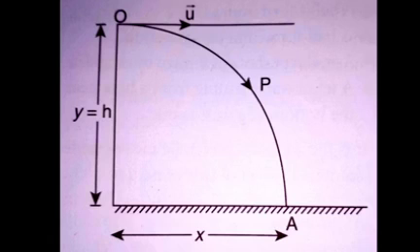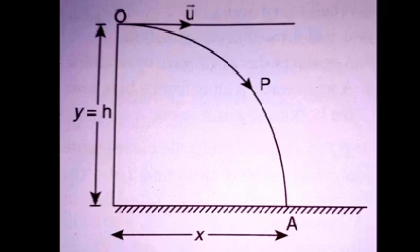See this diagram, you may understand the horizontal projection. Here the object is placed at point O, at a height h from the ground surface. Initially the vertical velocity will be equal to 0.